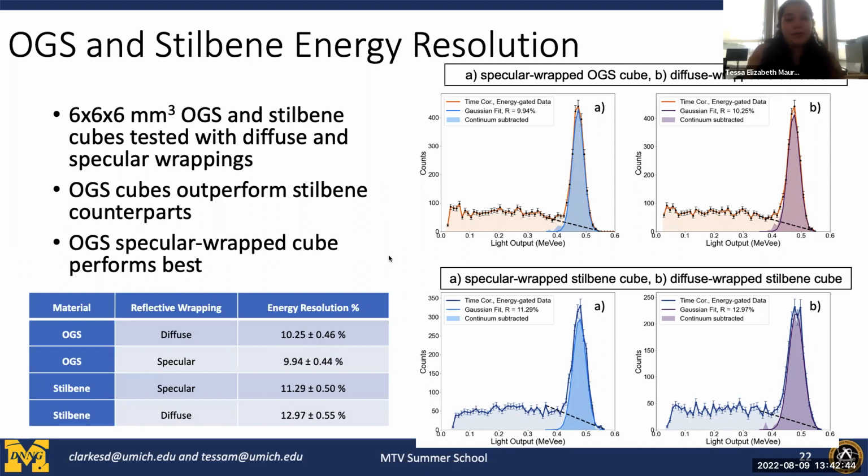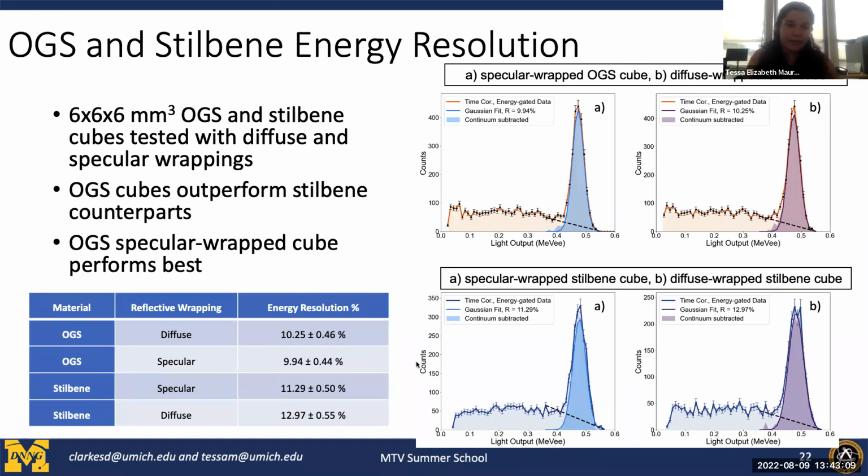And so these spectra are shown here for the different configurations we tested, but the main takeaway is that in every case, the OGS cube outperformed the Stilbene counterparts. So that means that for the same geometry, the same dimensions, and the same wrapping, the OGS cube had a better energy resolution than the Stilbene did.